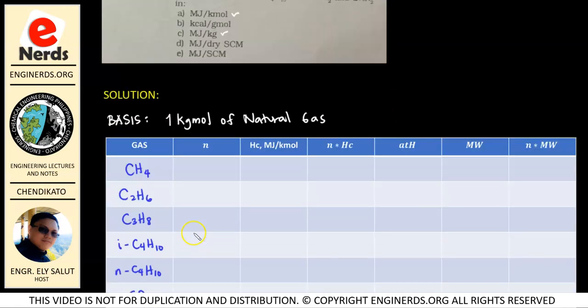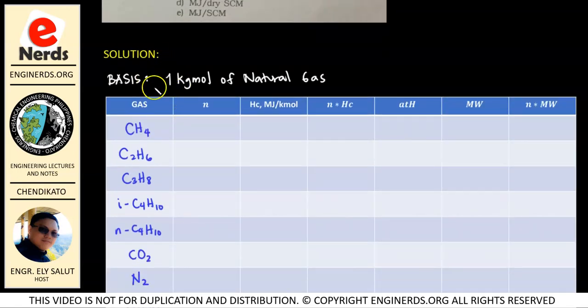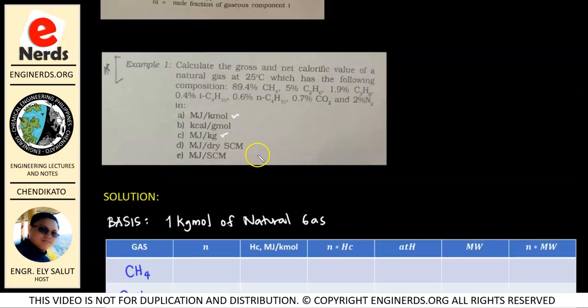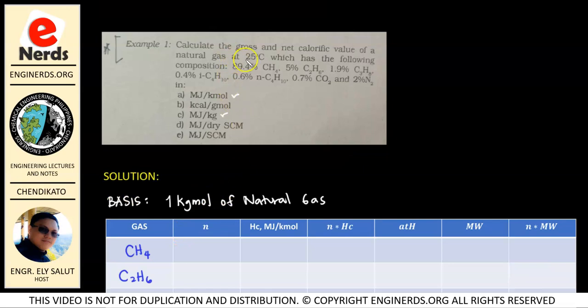So, paano natin makukuha ngayon ito? Meron na tayong basis na 1 kilogram mole and given naman yung percentage ng bawat component natin. So, therefore, makukuha natin kung ilang kilogram mole ng ating components meron sa ating natural gas based from their percent composition. So, unahin natin itong methane, CH4. We have 89.4%.